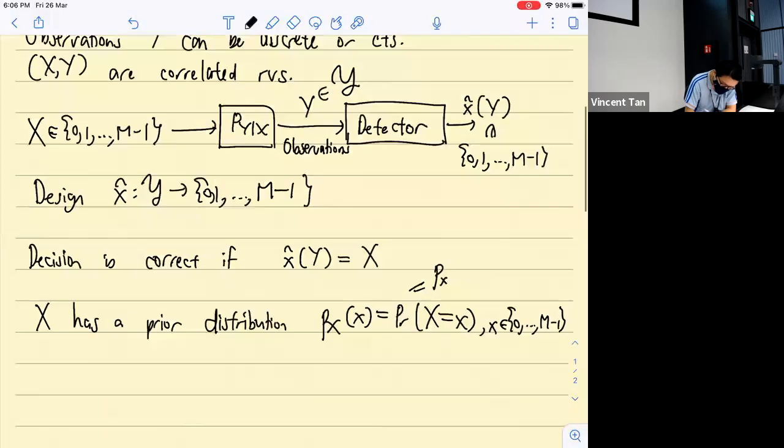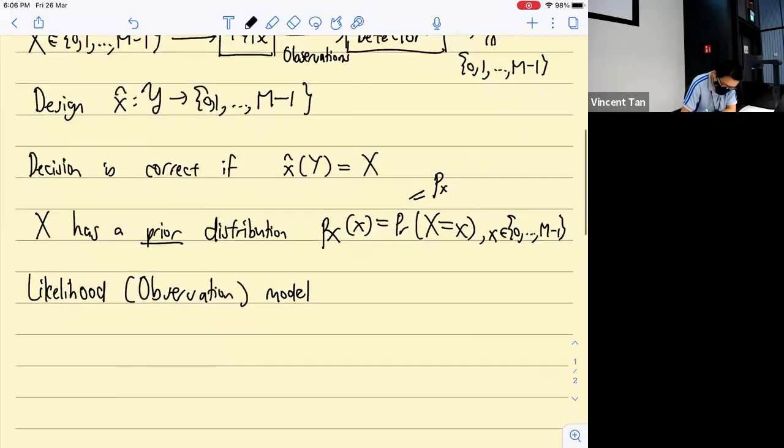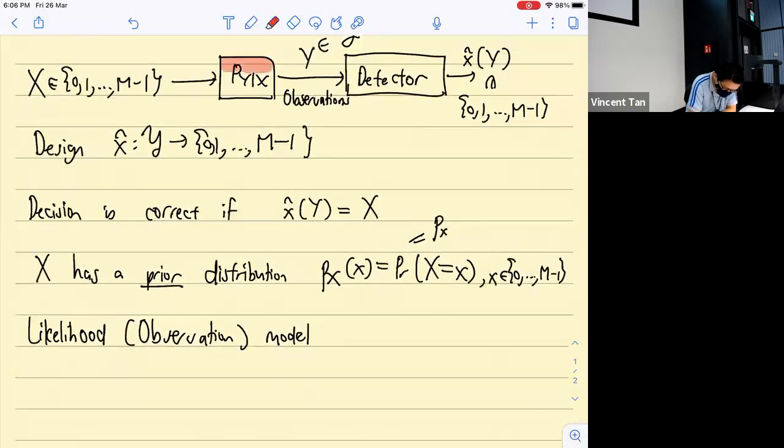This is called the prior distribution, or the prior, and we have a likelihood or observation model, which is given by p of y given x, which is this object here. So p of y given x is this so-called observation model. In information theory, we call this a channel, if you wish.